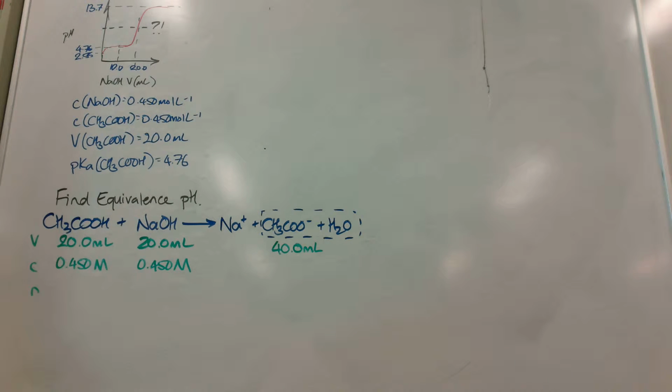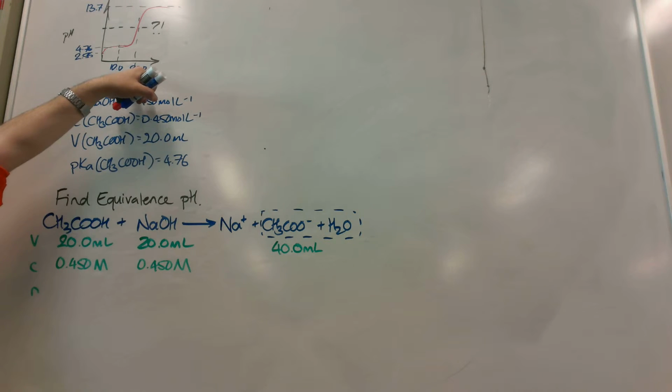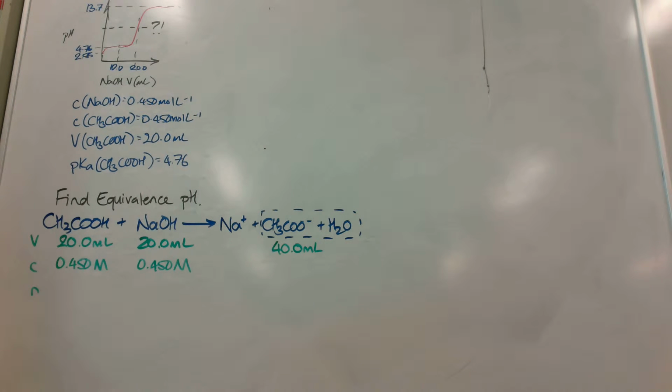Okay? So therefore, if I look at my balanced equation, rewind. So from this I can find my number of moles, n equals cV, which we did in an earlier step when we were finding our volume for our equivalence point, we'd already done this step, okay?